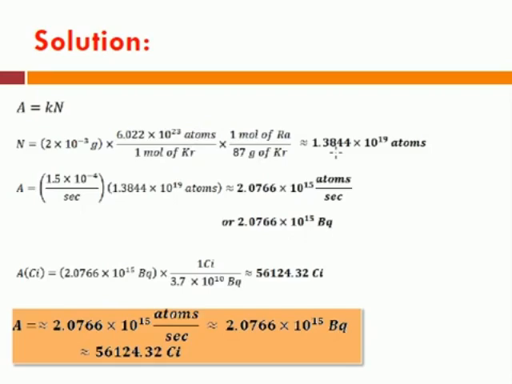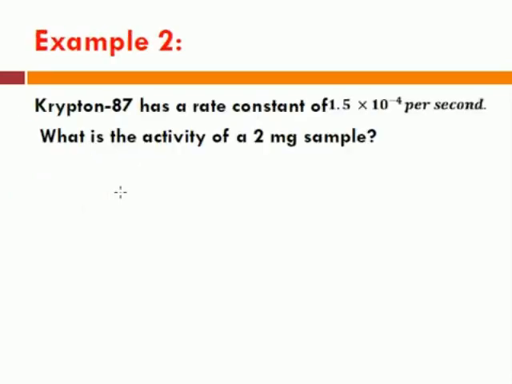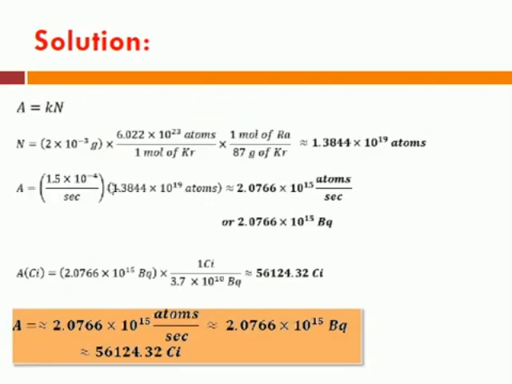Approximately, you will get 1.3844 times 10 raised to 19 atoms. So, substitute k, the k given is 1.5 times 10 raised to negative 4 per second, and then 1.3844 times 10 raised to 19 atoms. Approximately that is equal to 2.0766 times 10 raised to 15 atoms per second.